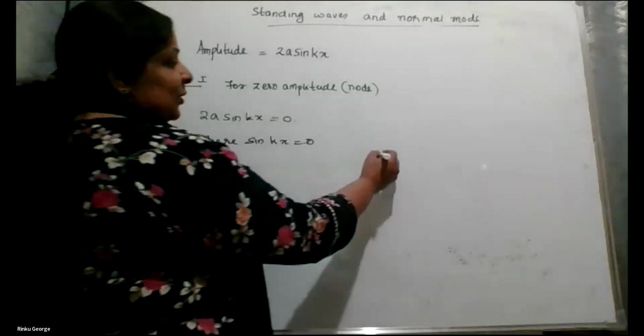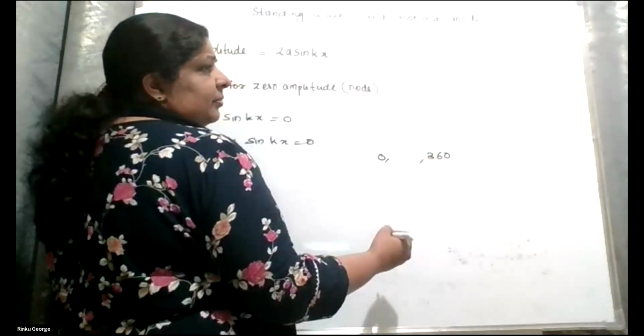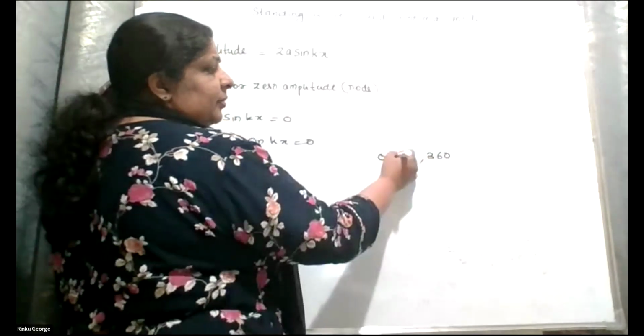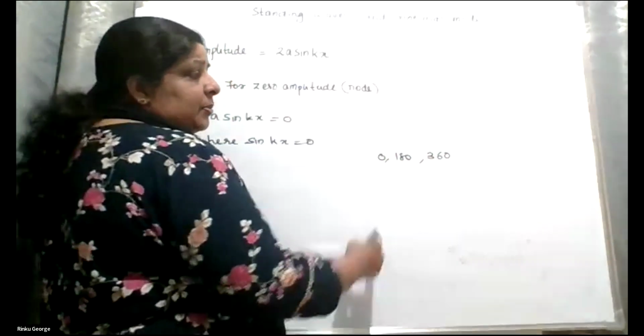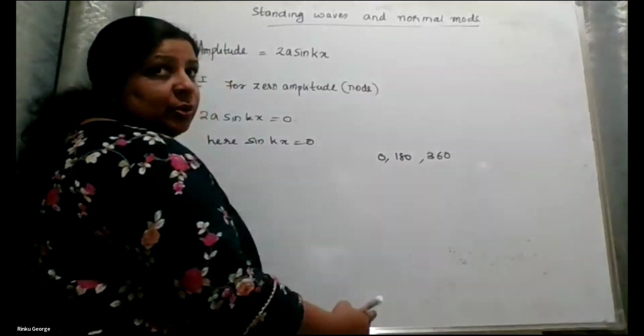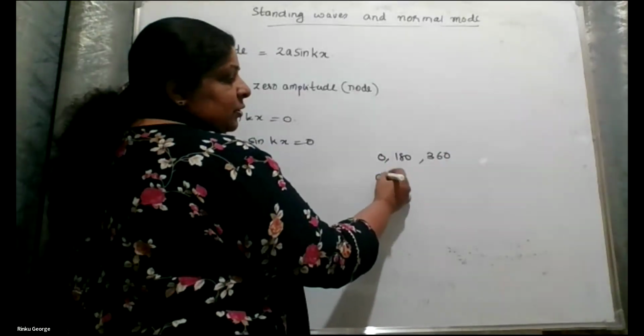Sine 180 is 0. Sine 360 is 0. Okay, so basically multiples of pi give 0. Multiples of pi. 0 into pi is 0.